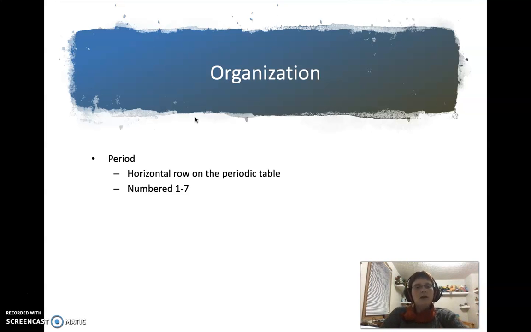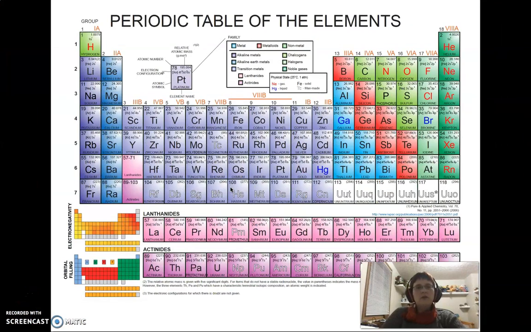I'm going to be flipping back and forth a lot in this part of the lecture. So if we go back over here, you'll see along this side, we've got 1 through 7. These two down here are in row 6 and row 7, because you can see they go right here. So 1 across, 2 across, and so on. Those are the periods.